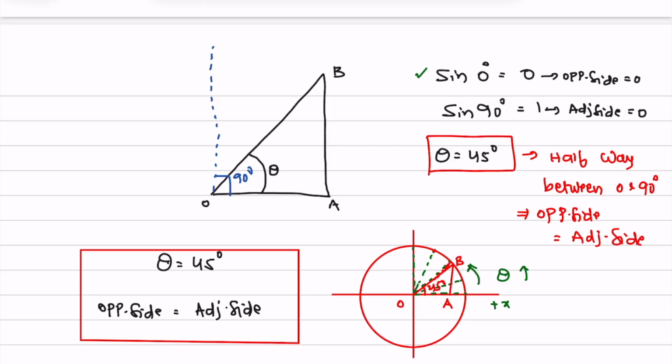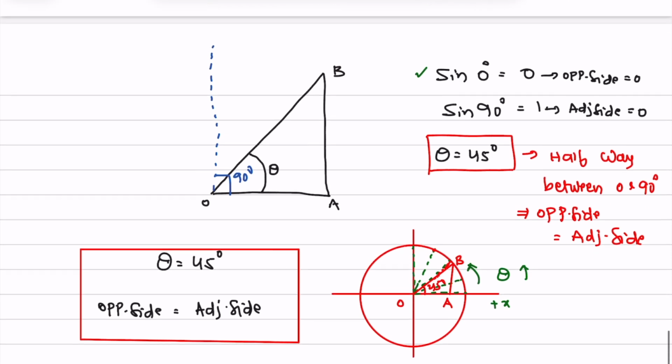When theta is equal to 45, adjacent side is equal to opposite side. When theta is equal to 0, opposite side is equal to 0. When theta is equal to 90, adjacent side is equal to 0. Now, let's move further. Let us draw the diagram for theta is equal to 45. It is not to scale, don't worry.